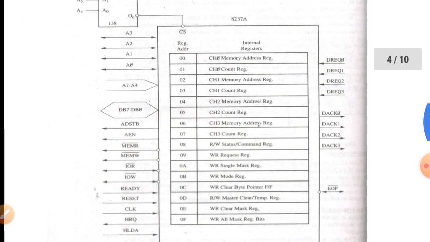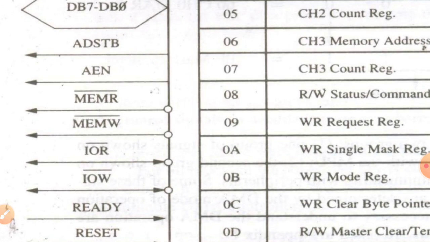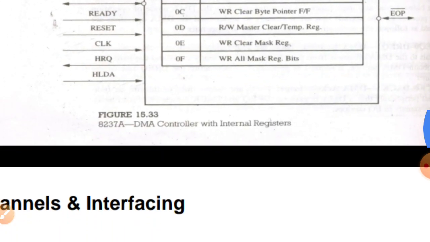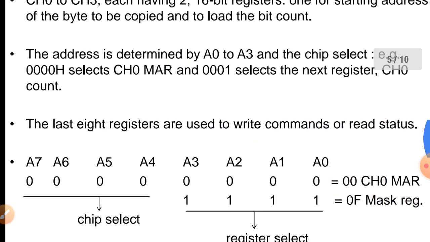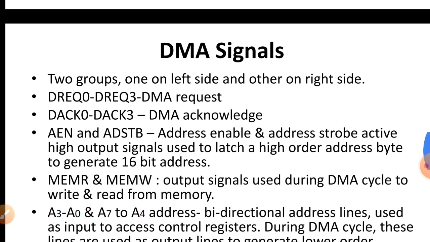Now, you can see the position of these two signals. This is the AEN signal and there is ADSTB. The purpose of these signals is to latch the higher order bytes to generate the 16-bit address.